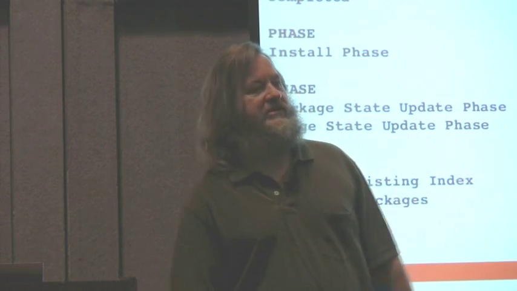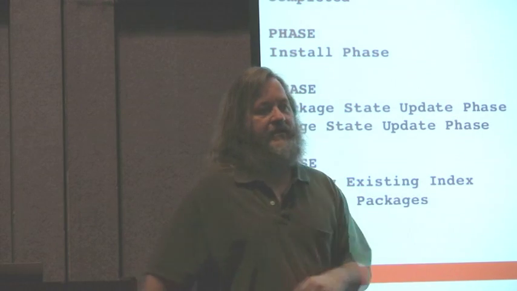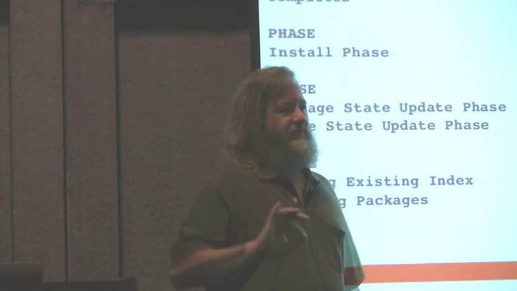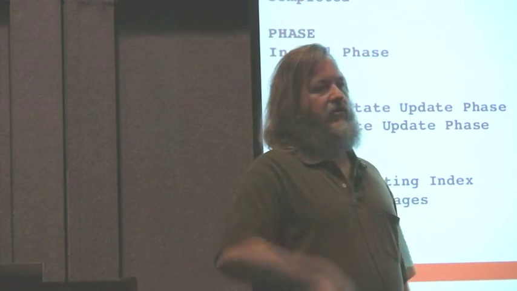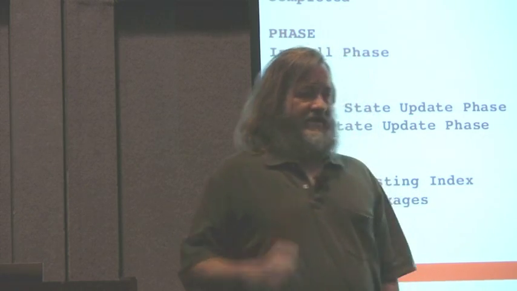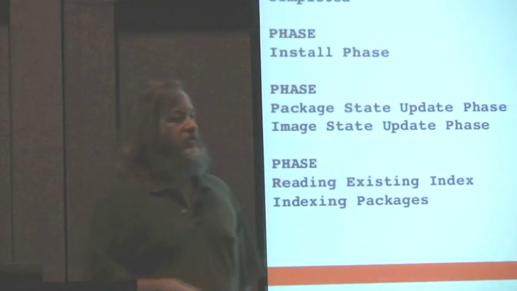So if you Control-C in the middle, you can just say ZFS rollback, and it tells you that when you interrupt the packaging system, you can roll right back to the file system while you're running to where you were.